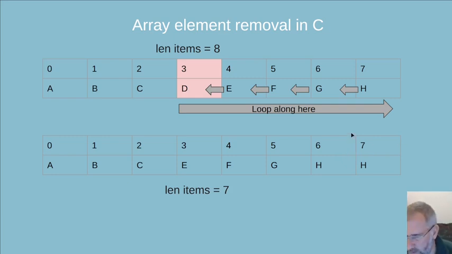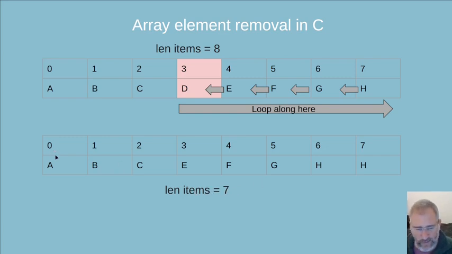Now notice that the array is still of the same length, but all of the items have been moved along. What we need to do now is tell the program that we want to ignore this last item. Whereas the original length here was 1, 2, 3, 4, 5, 6, 7, 8, including all 8 of these characters, now we update our number of items, or length of items, to 7.